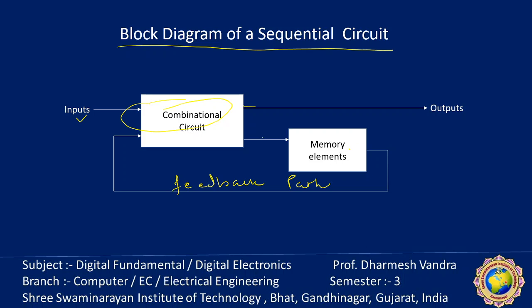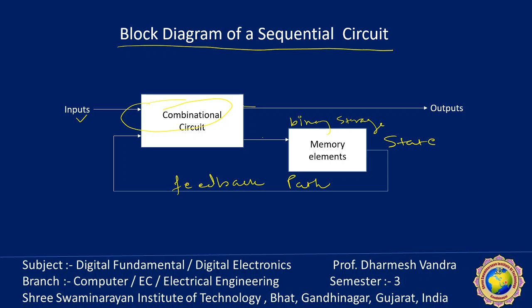The memory elements are devices capable of storing binary information within them. This is the purpose of a binary storage device. The binary information stored in the memory elements at any given time defines the state of the sequential circuit. Whatever the memory element contains is called the state of the sequential circuit.